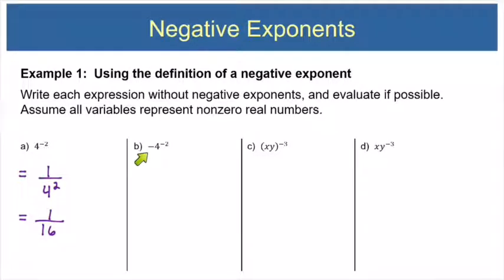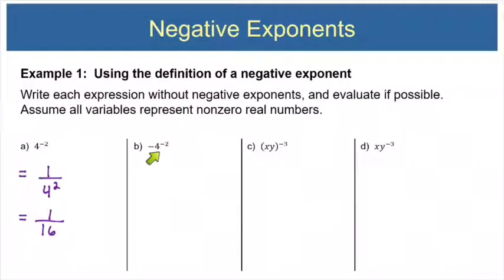And since that cannot be simplified, we are finished with that part. Now let's look at part B. Here we have negative 4 to the negative 2. You'll remember from when we talked about our zero exponent rule that an exponent does not apply to a negative that's sitting in front of the base unless that exponent is applying to everything inside a pair of parentheses. But we don't have any parentheses here. So this negative 2 exponent is only applying to the 4 and not to the negative.